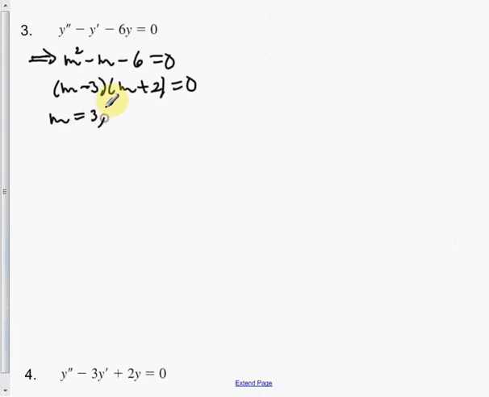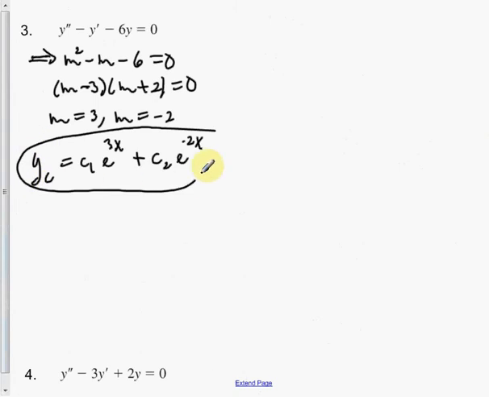So m equals 3 and m equals negative 2. So y sub c is c sub 1 times e to the 3x plus c sub 2 times e to the negative 2x. Any questions there? Yes, sir.